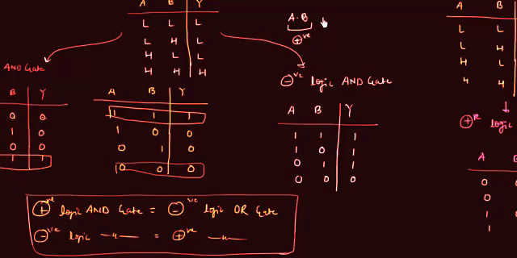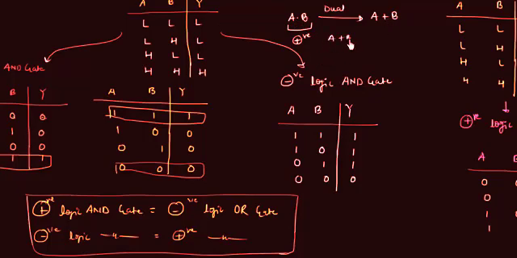So if you want to find out the dual of this expression, you have to convert this to the negative logic. So the negative logic of this is A or B. So you have to replace this AND operator with OR operator, and the reverse is also true.